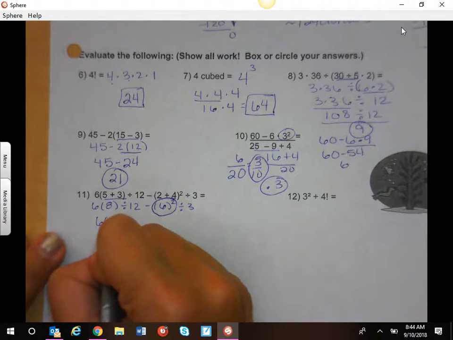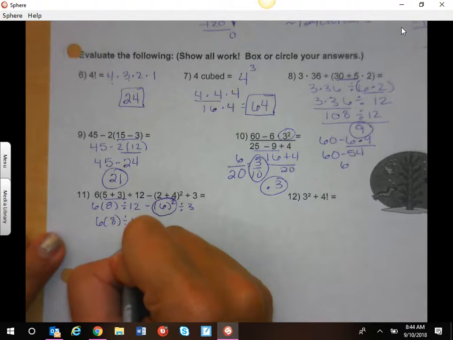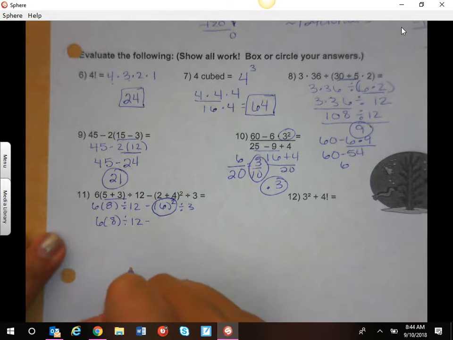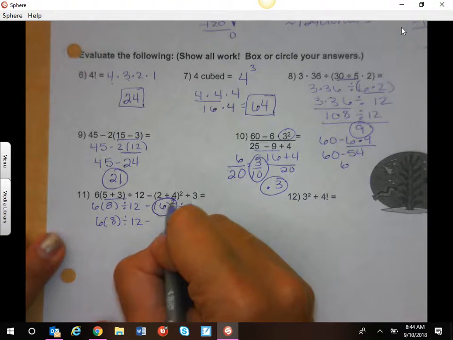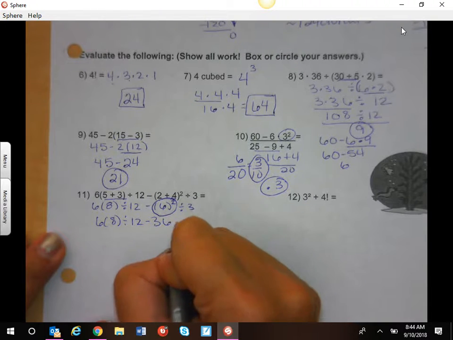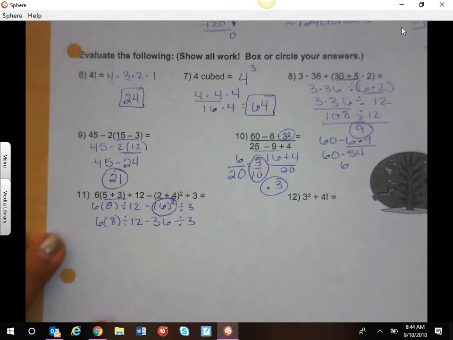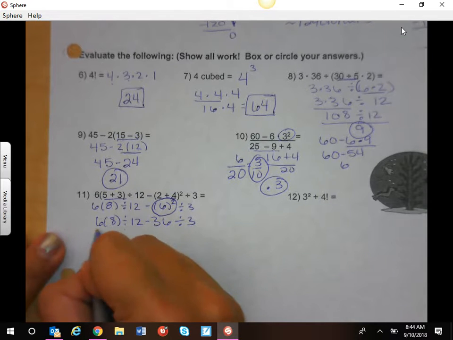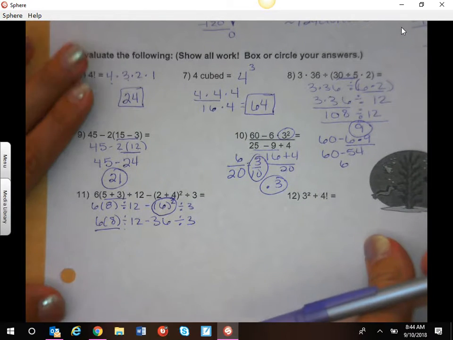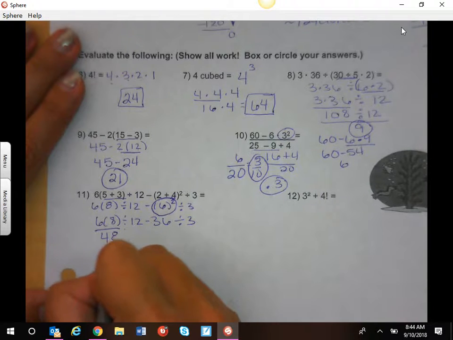6 times 8 divided by 12 minus 6 squared, which is not 12. This is 6 times 6. 36 divided by 3. Multiply, divide, subtract, divide. Multiply in order from left to right. 6 times 8 is 48.